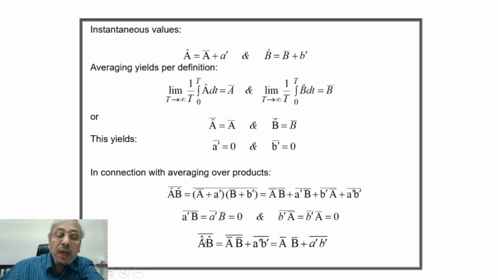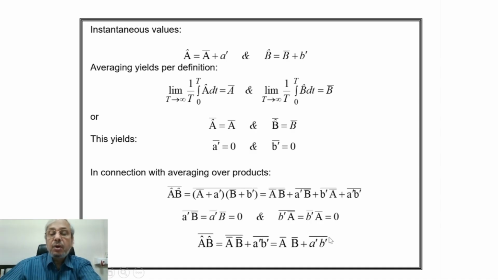So A hat B hat over bar we can write as A bar B bar plus A prime B prime over bar. So A prime over bar is 0, B prime over bar is 0, but A prime into B prime over bar is non-zero.